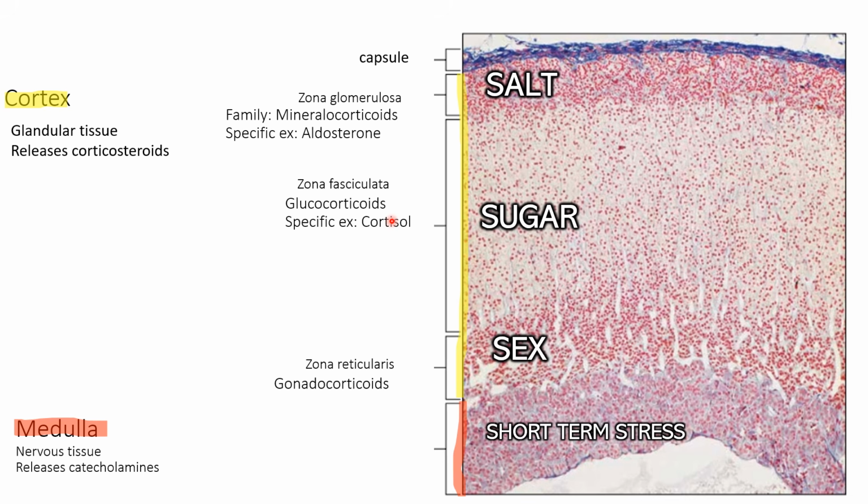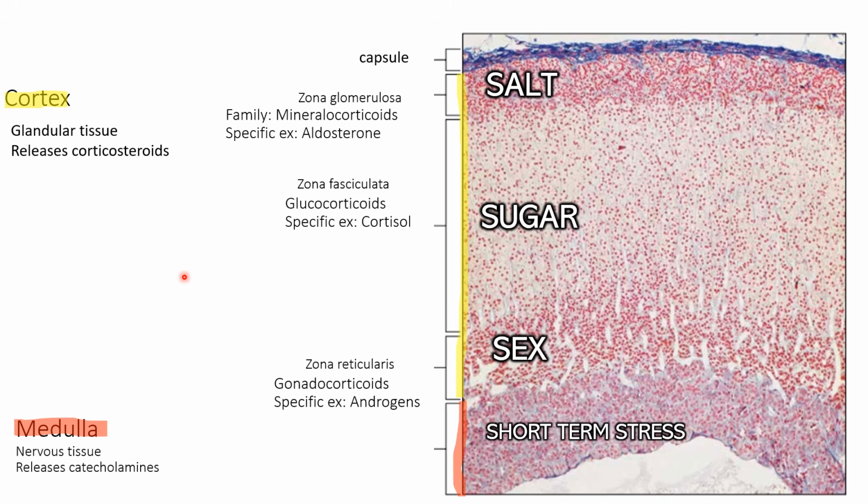And the zona reticularis is gonadocorticoids. So think like, what do your gonadal arteries go to? What are gonads? Gonads are ovaries or testes. So that's why sex is what you're going to use to remember it.